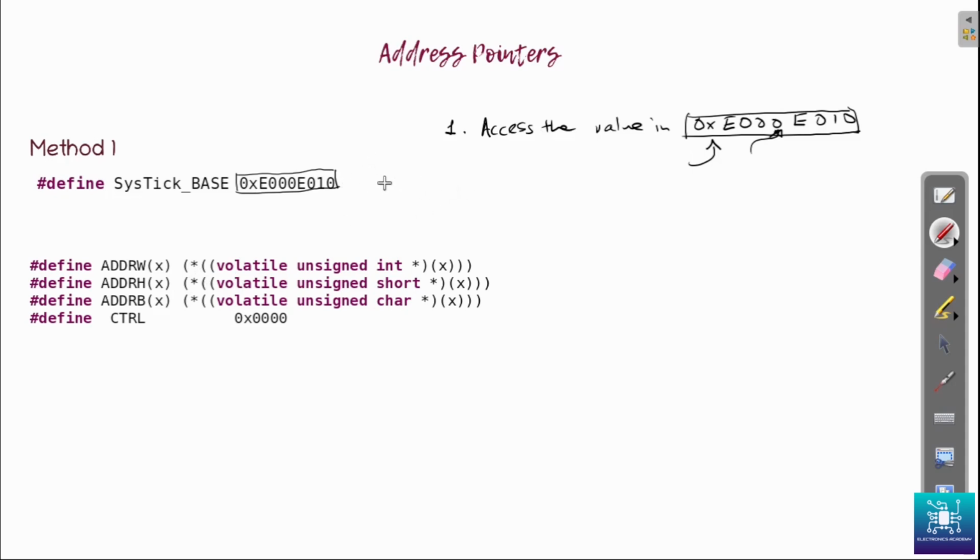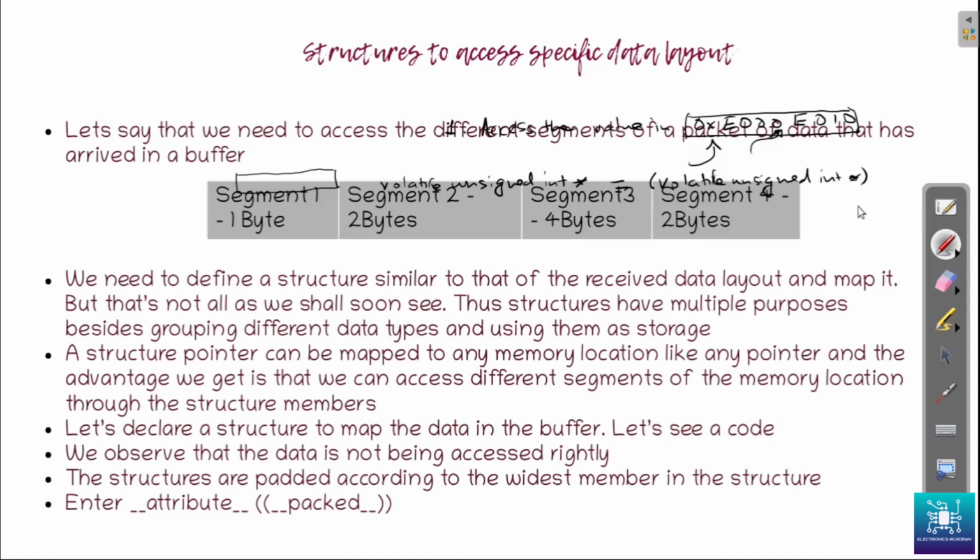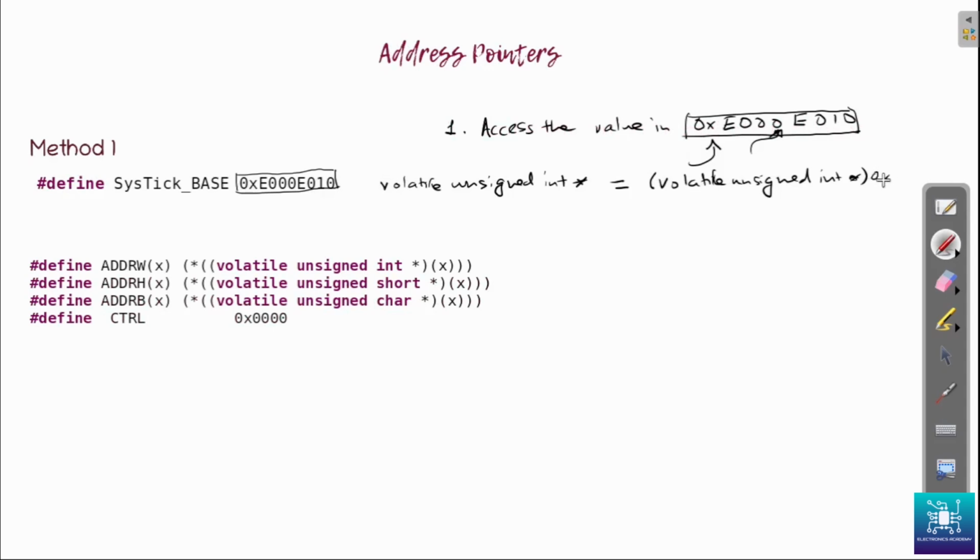So what we'll do is, we'll say volatile unsigned int star equal to, typecast this value, volatile unsigned int star, and then put the value here, that is 0xe000e010.